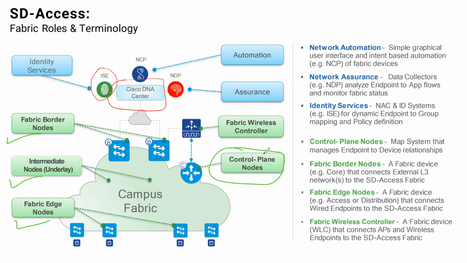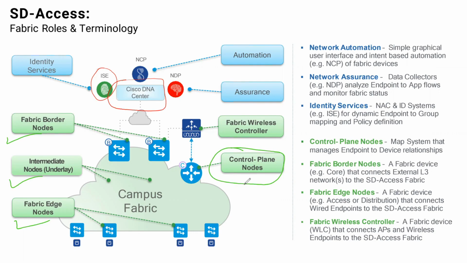Control plane nodes. Let me ask, can anyone answer this question so you have a better understanding? Where is the endpoint mapping, the ARP details or whatever you call it in the traditional network, stored? All this data is present on the core switch, right? The core L3 switch.